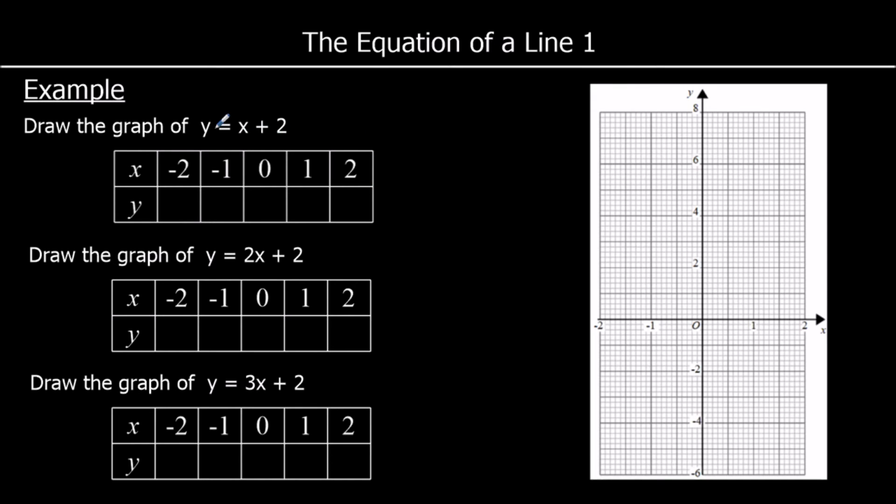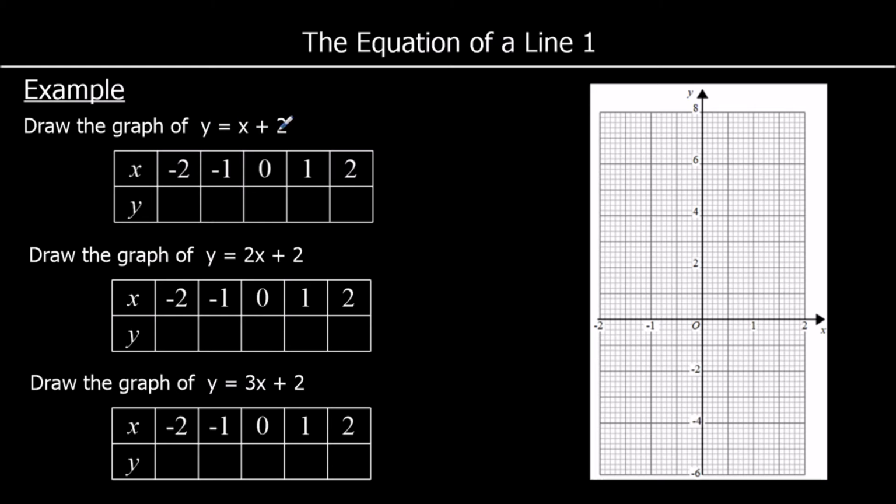So the equation says y equals x plus 2. So we can substitute our x values into our equation to find our y coordinates. So I'm going to start with the positives.